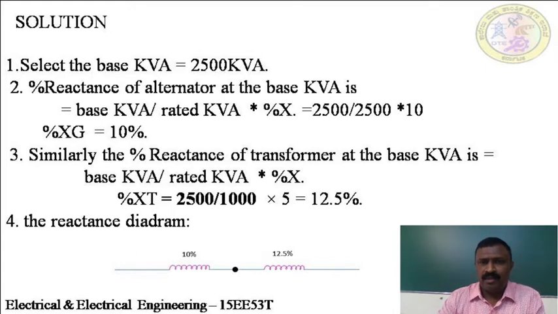Then we have to draw the reactance diagram. Since the power system consists of only a generator and a transformer, we draw a reactance for the generator with value 10%, and the reactance of the transformer with value 12.5%.